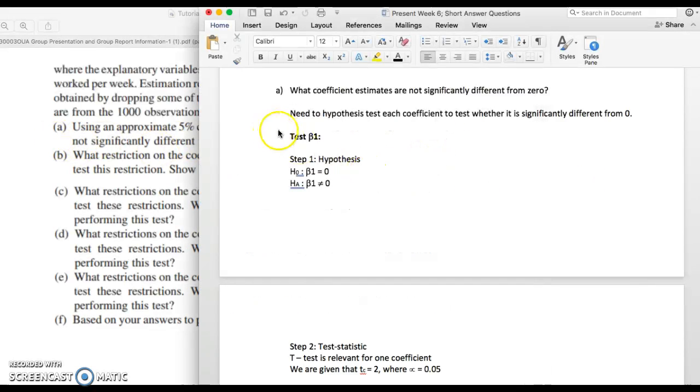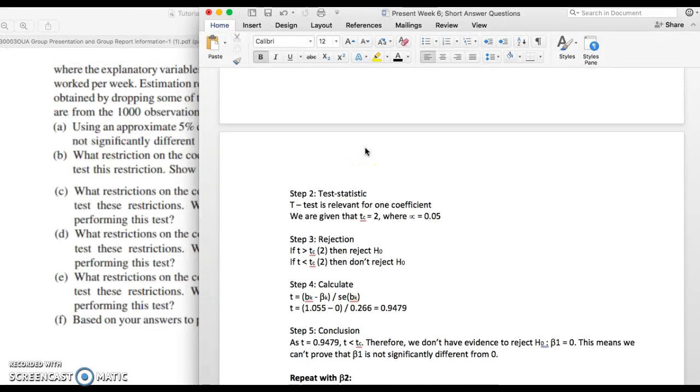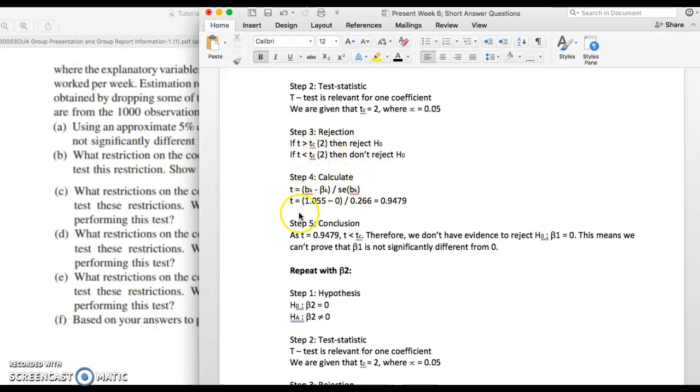So to do that, we're going to hypothesis test using a t-test, as we're doing a single coefficient test on each one. So first of all, we're testing beta 1, and we are looking at a TC of 2. So using the rejection region and the t value of 0.9479, we found that t is less than tc, therefore we don't have evidence to reject the null hypothesis, so we can't prove that this one is significantly different from 0.